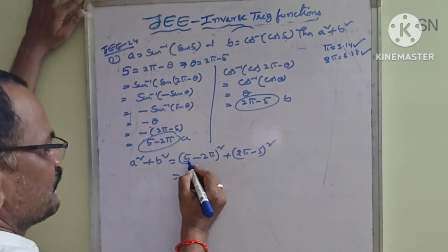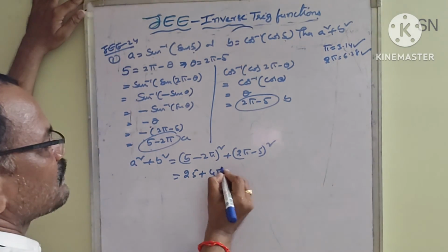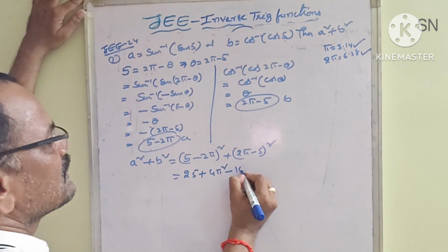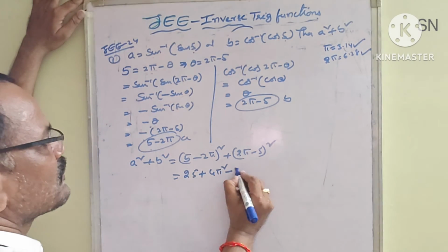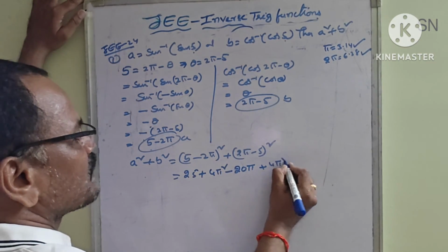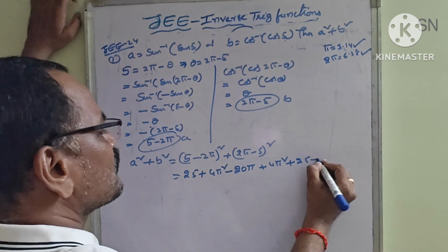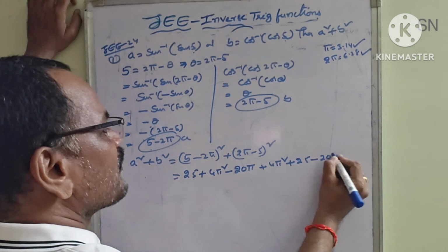Now here, 5 square 25 plus 4 pi square minus 20 pi. So plus 4 pi square plus 25, so minus 20 pi.